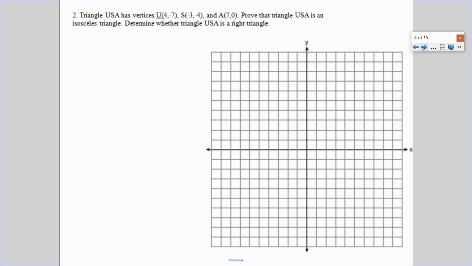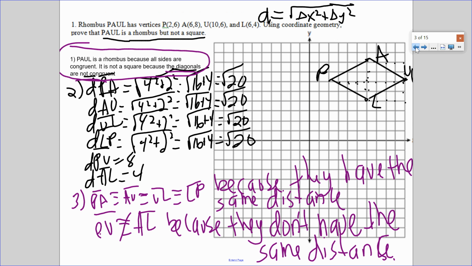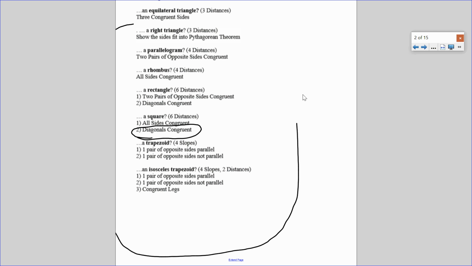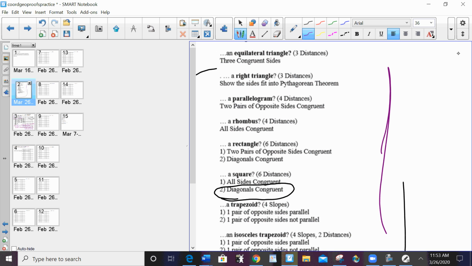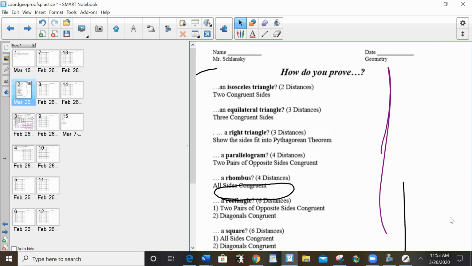It wants me to prove that triangle USA is an isosceles triangle. So I'm going to start by saying USA is an isosceles triangle because, and I'm going to clean this up a little bit.